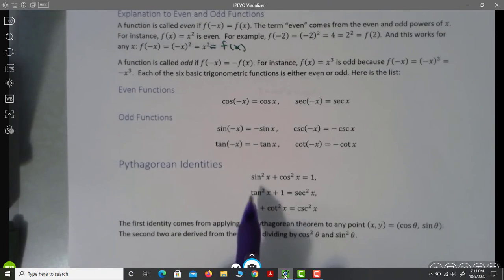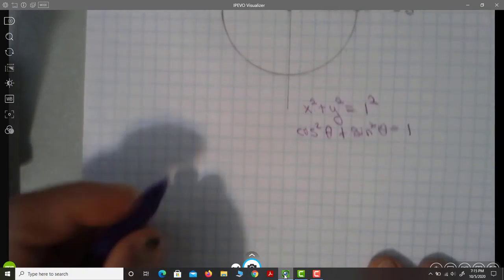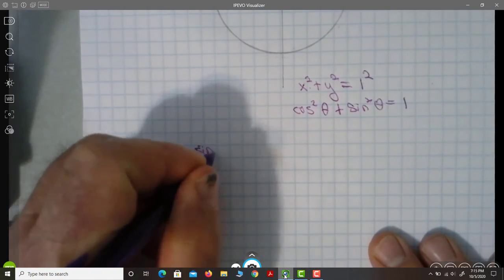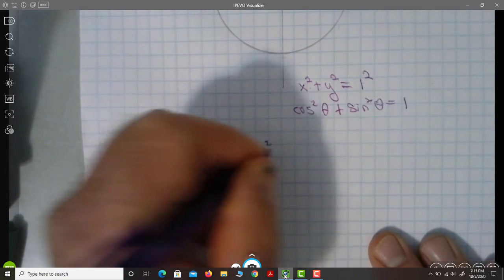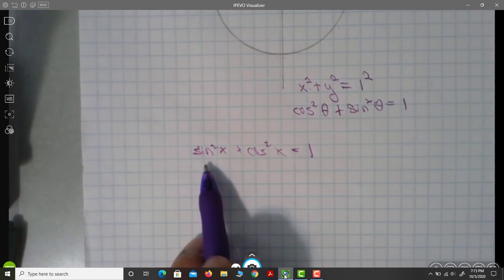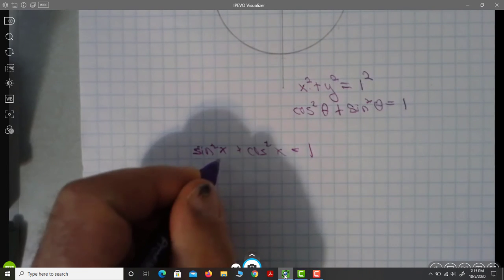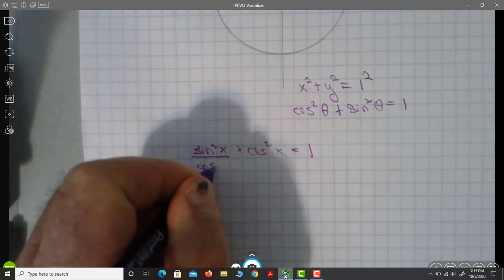Now, the next two you get by division. If I take sine squared x plus cosine squared x equals 1, so I've got an equation here, there's no reason I can't divide every term by the same thing. So I'm going to divide each of these terms by, say, cosine squared.